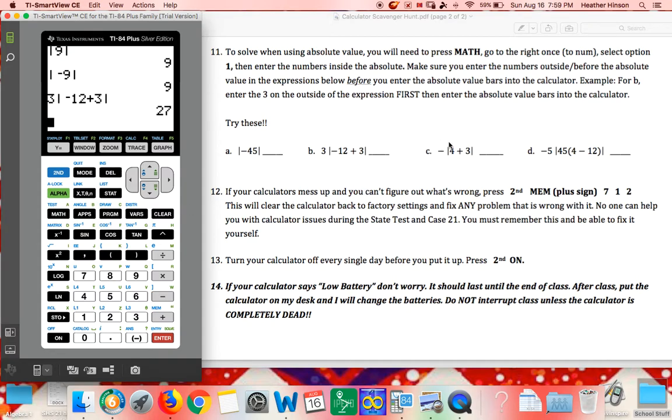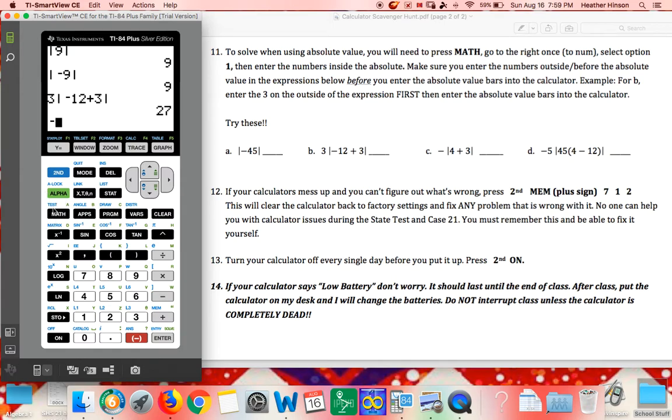Okay, the next one for C, remember we have to plug it in exactly how we see it. Our first thing is not absolute value. Our first thing is a negative sign. Why is it a negative sign and not a minus sign? Because it's first. It's the first thing in our problem, so it's a negative sign. Then we put in our absolute value bar.